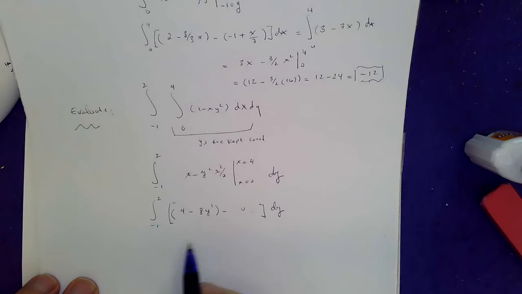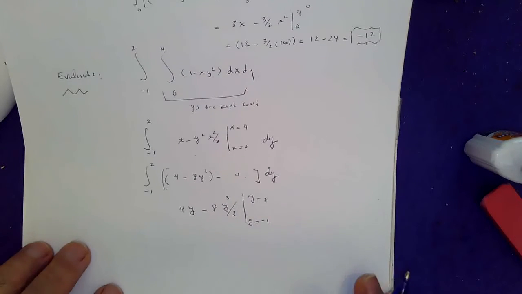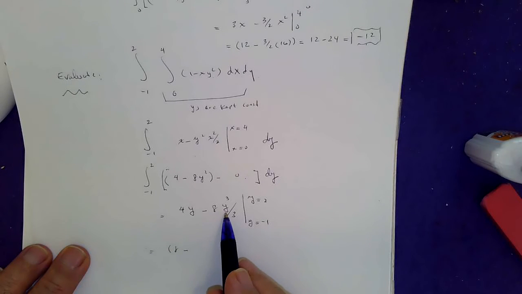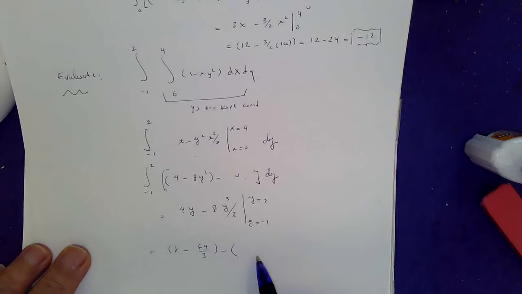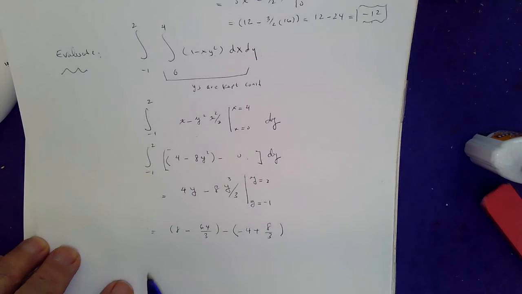So now you integrate this guy with respect to y as 4y minus 8y cubed over 3, but y goes from -1 to 2. So using the fundamental theorem of calculus, this would be like 8 minus, what is that, 64 over 3 minus, that's -4, that's positive 8 over 3. Do you all see it?